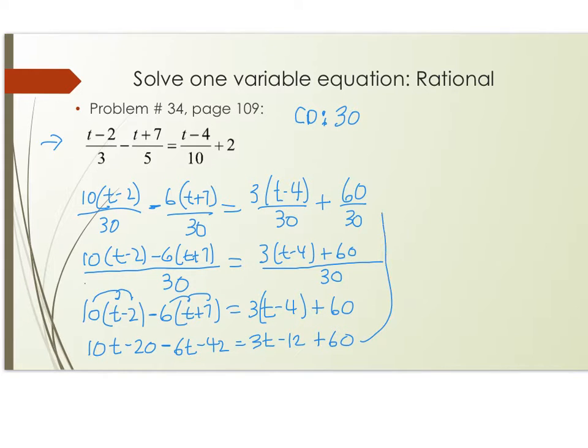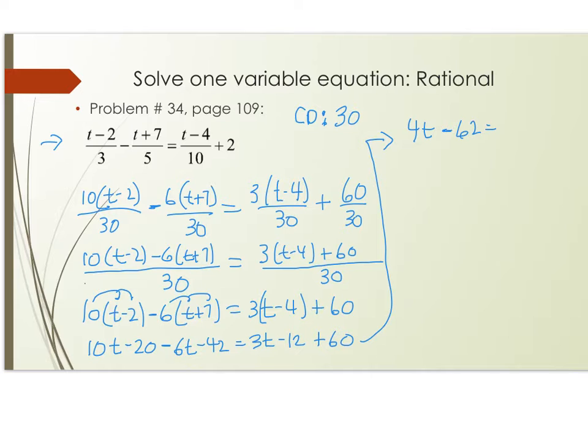And of course, when we combine like terms, we're going to get, hold on just a second, we're going to get 4t, right, because a minus 6t from 10 is 4t, and then I get a minus 62.